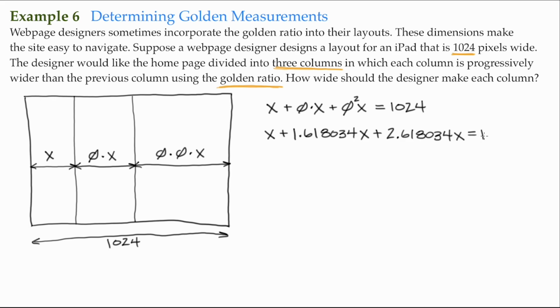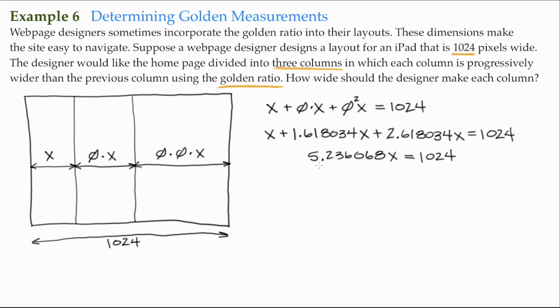And that's got to equal 1024 pixels. So now all we have to do is gather up like terms. X plus 1.618034X plus 2.618034X is 5.236068X. And that's all got to equal 1024.